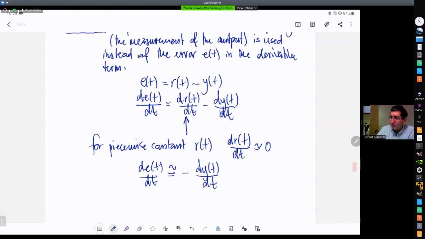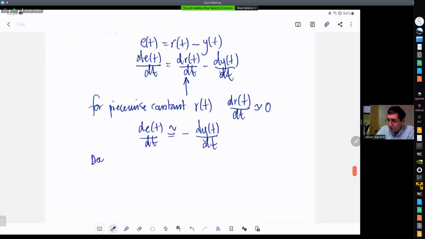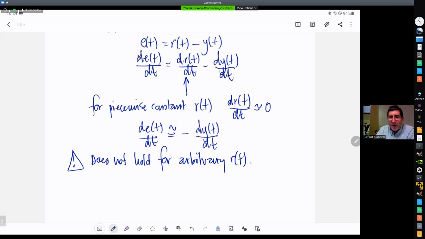This does not hold for arbitrary r of t. If your r of t is continuously changing, unfortunately you can't do that. But the problem itself is not apparent, because you don't have any sudden changes in r of t anymore.